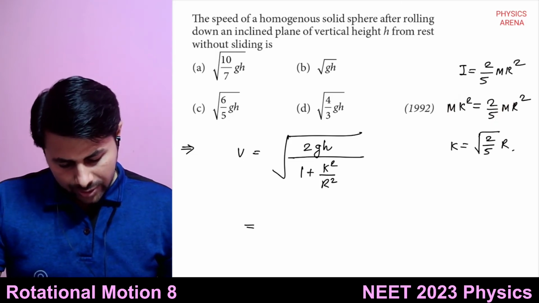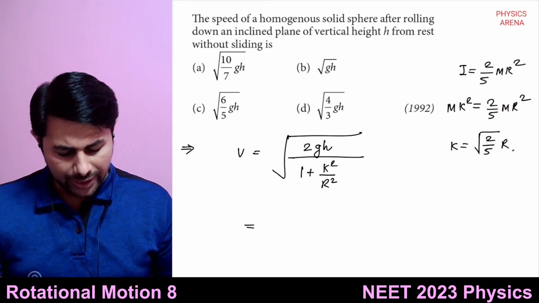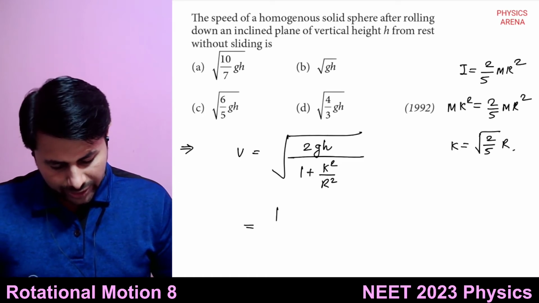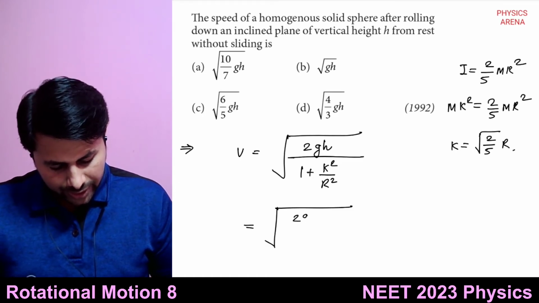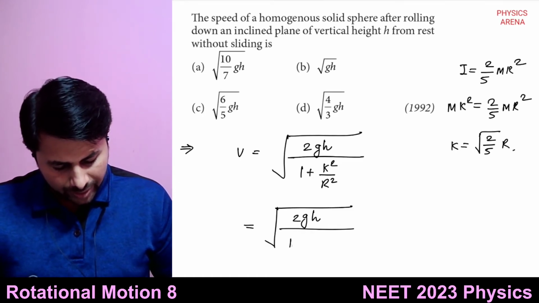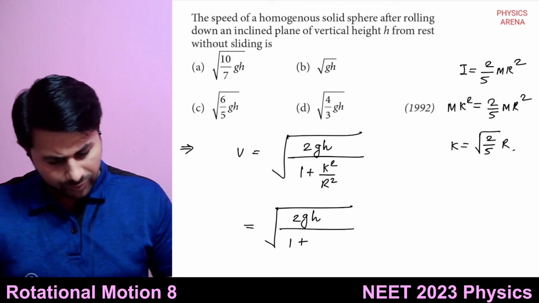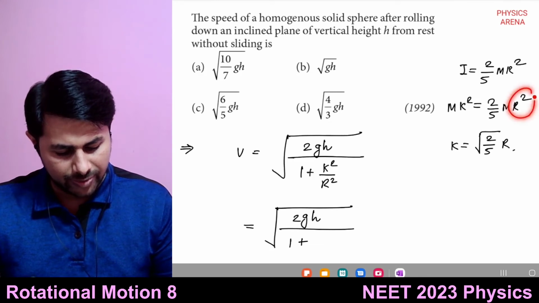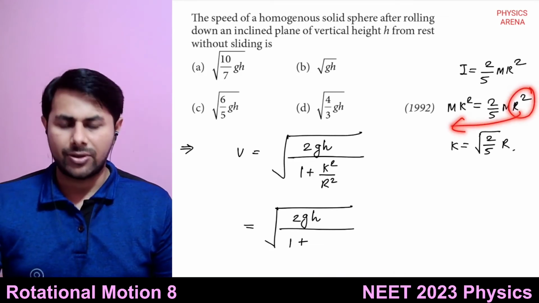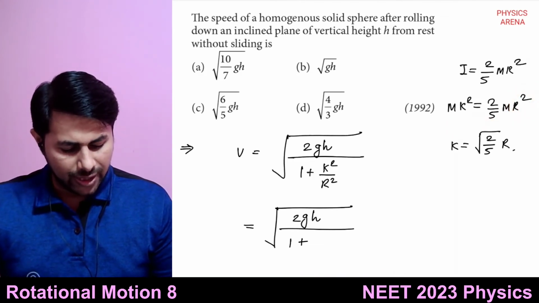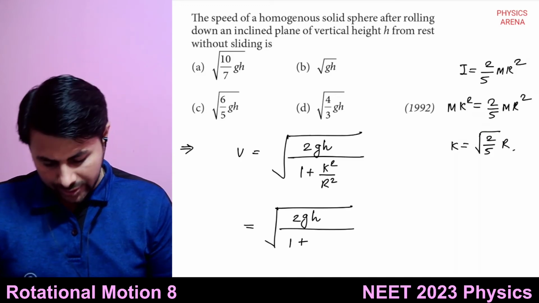Okay, so now we can substitute that. So what do we get? It is 2gh divided by 1 plus k square by r square. We can directly find k square by r square from here. If we take r square on this side, k square upon r square will be 2 by 5, right?